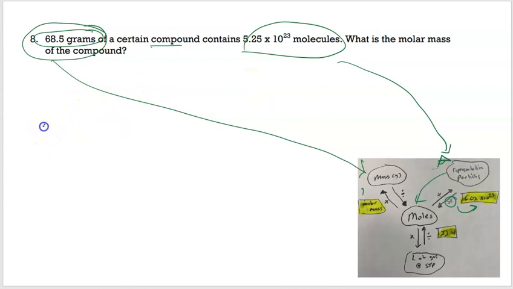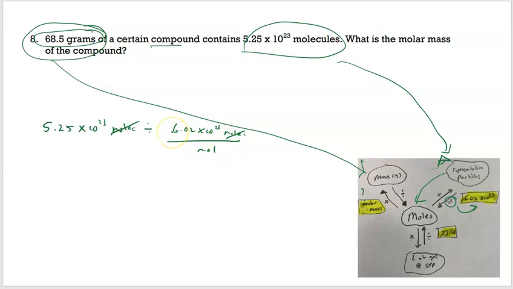So I'm just going to go 5.25 times 10 to the 23rd molecules divided by, right, because I'm going from representative particles to moles, which means I divide 6.02 times 10 to the 23rd molecules per mole, right? I'm dividing molecules by molecules, so I can cancel those out.